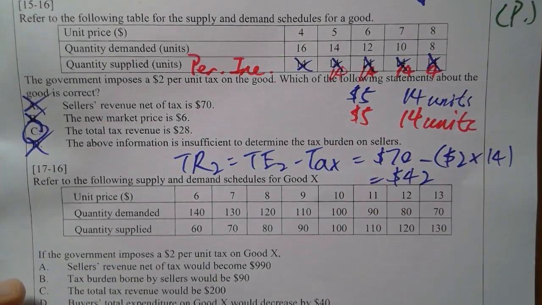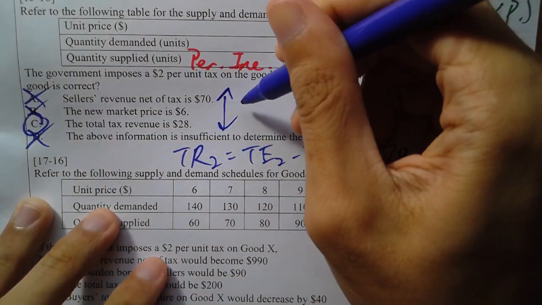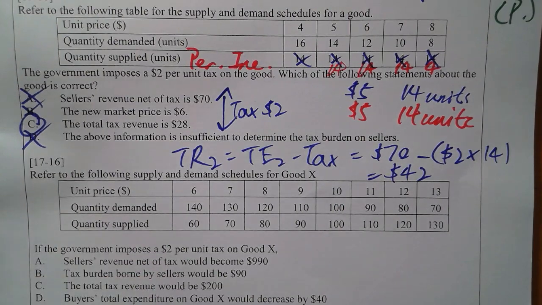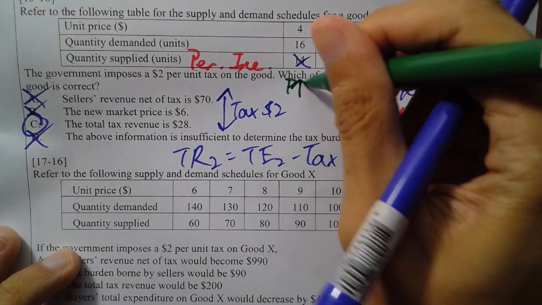We are paving the way a little for the next topic. Okay. Now think about it. We have a $2 tax. Unfortunately, there is a 0 increase in price.